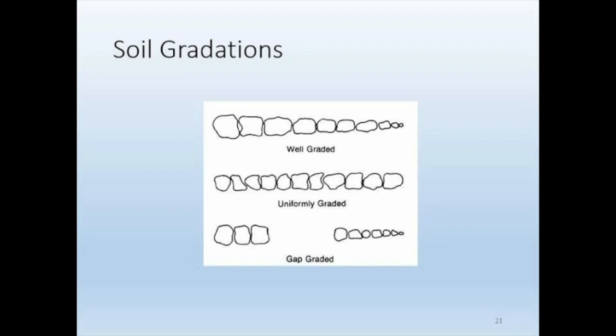We get something that compacts readily. In our non-well graded or uniformly graded sand or soil, we're dominated by one particle size. There's not a lot of other particles to fill in the holes when that starts to pack together. And because all the particles are about the same size, it doesn't compact really well. And then the gap-graded sand, that makes good concrete.